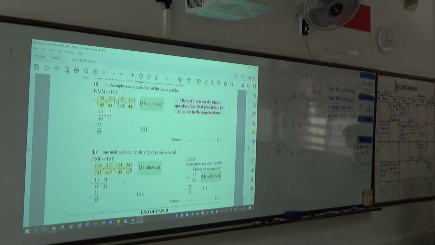Any issues with the marks? Yes. If yes, more questions.